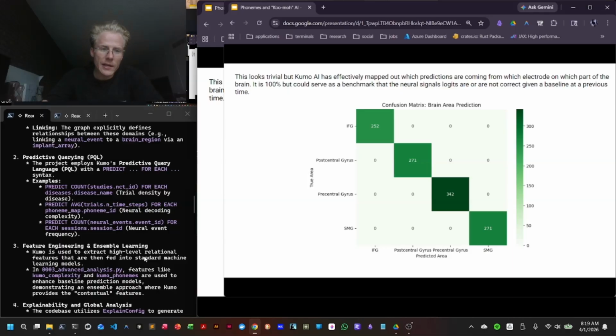So then this is great because it's 100%. But if it weren't, that would also show you incredible insight into the region of the brain and the neural signals that are coming from a prompted phoneme or prompted stimulus, whatever it may be, whatever the researchers use it for.